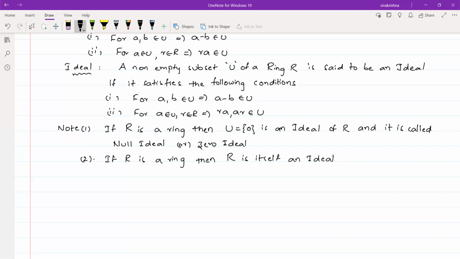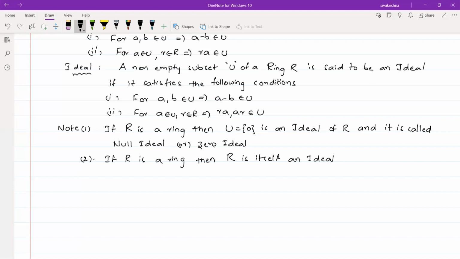One is zero ideal and the second one is itself. Every ring is itself an ideal, and every ring also has zero as an ideal. So every ring is having two ideals: the single term set 0 and itself, and we call those two ideals improper ideals.